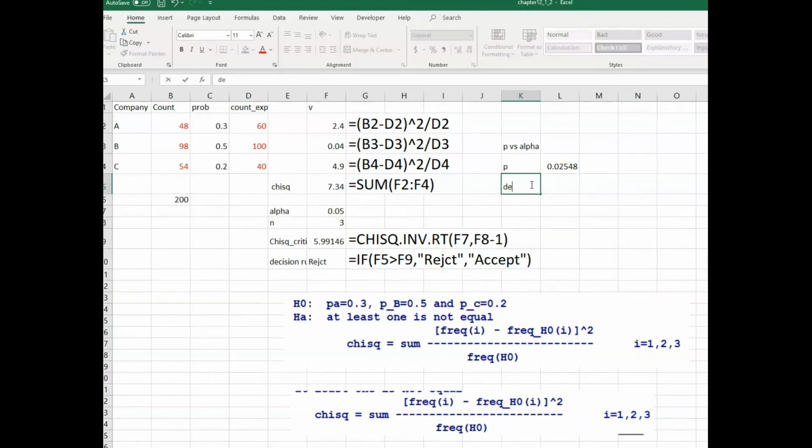Okay, so this is our decision rule. If our p-value is less than alpha, we reject. Otherwise, we accept. Sorry, in this case, we reject. Okay, I'm going to show the formula.